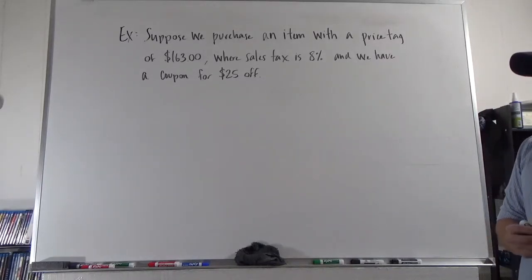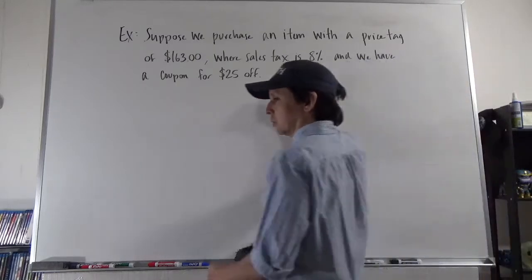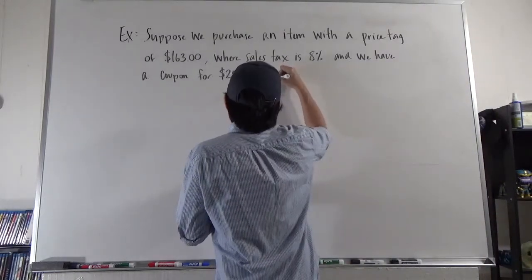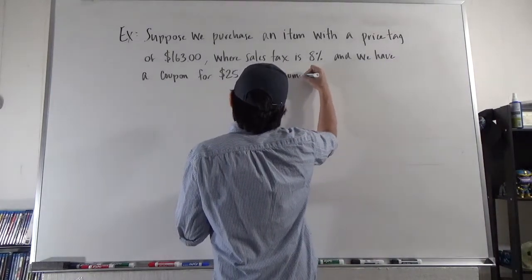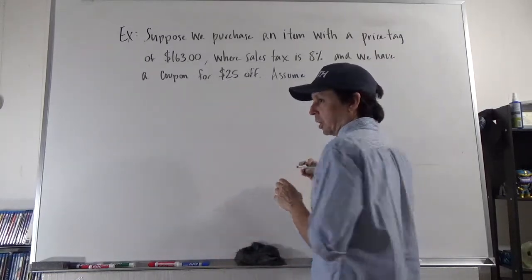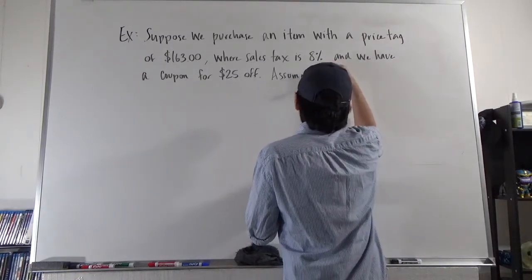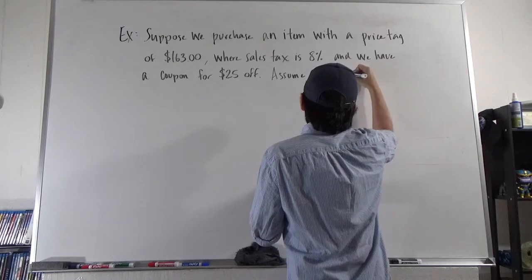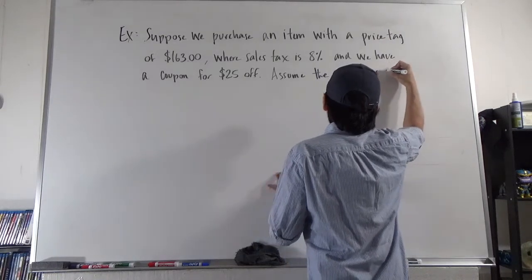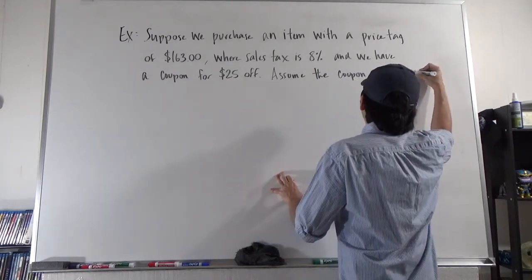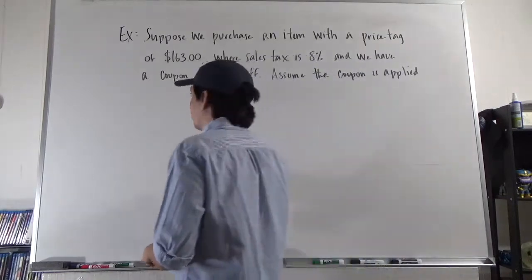Okay, and that's important. That is $25 off, not 25%. Now I'm going to tell you right now, it will matter the order we apply it in, so I'm going to specify. Assume the coupon is applied first. Assume the coupon is applied before sales tax.